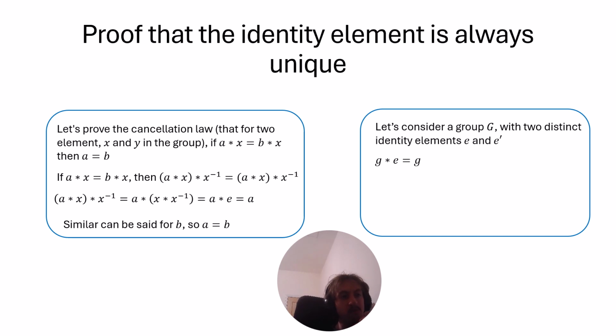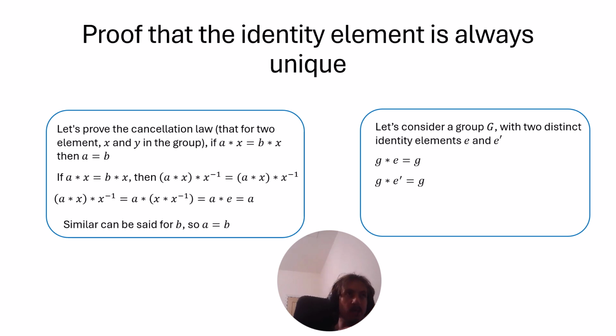So firstly, we recall that if g is in the group, then g star e equals g by definition. And also because e prime is an identity element, g star e prime is going to have to equal g.